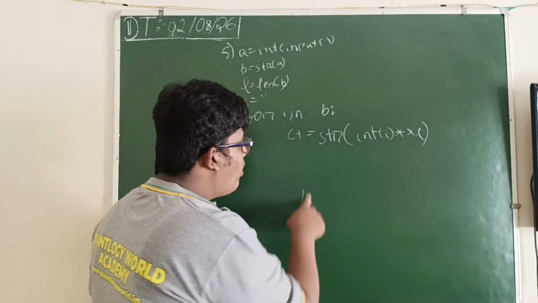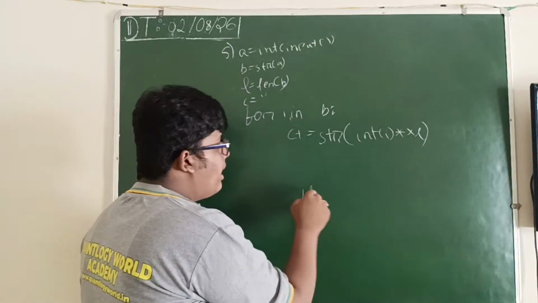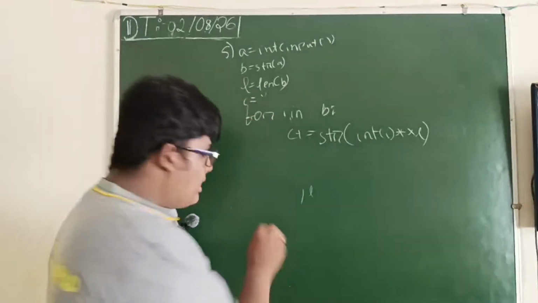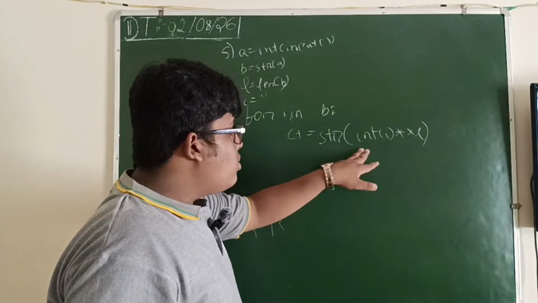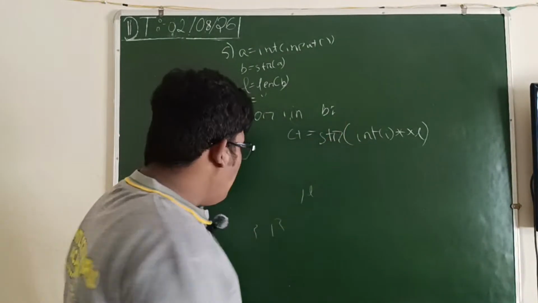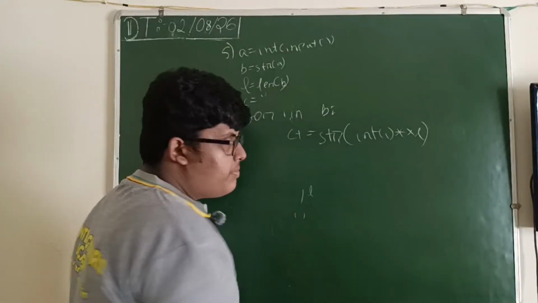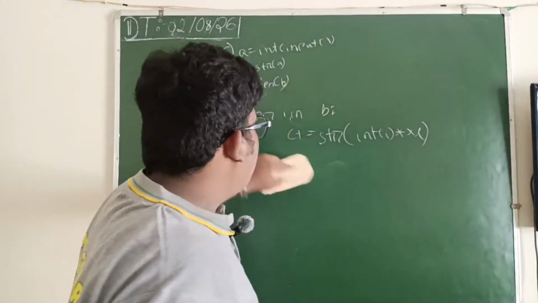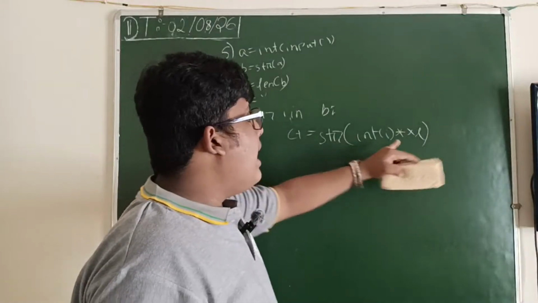Now i became only 1, meaning that is an integer. Then double asterisk l means to the power l. L means the number of digits. Let's say 3. 1 to the power 3. Then the result is converted again into a string. So we write the code as c plus equal to str(int(i) double asterisk l).